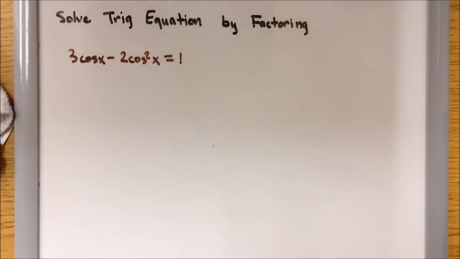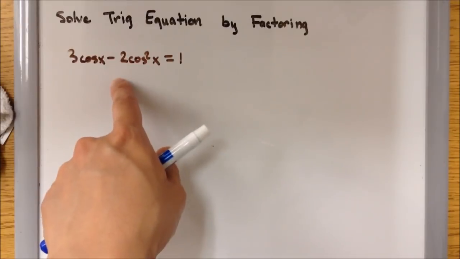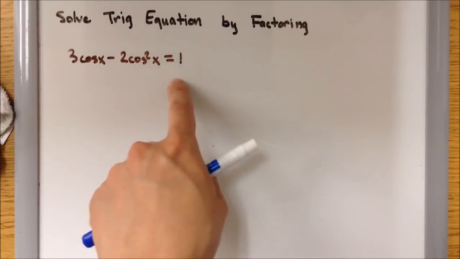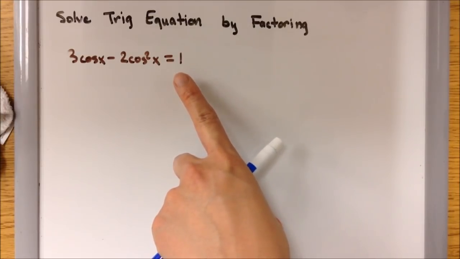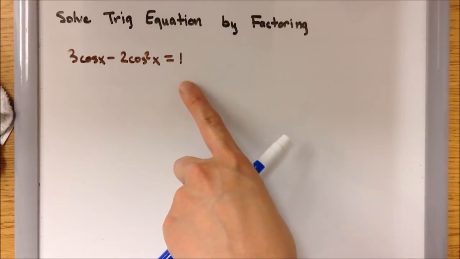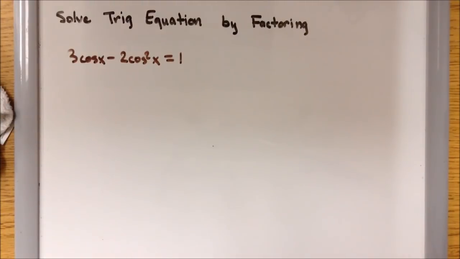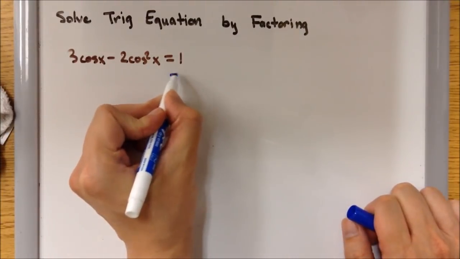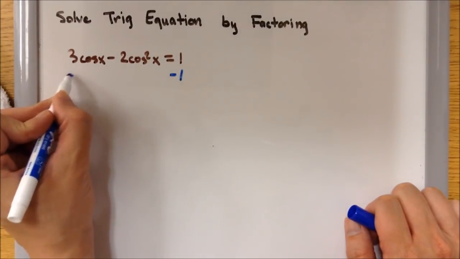In the fourth example, we have 3 cosine of x minus 2 cosine square of x equals 1. So I'm going to try to set everything equal to 0. I'm going to cancel out the 1 because you only have one part on the right side. Minus 1 on the right, minus 1 on the left.